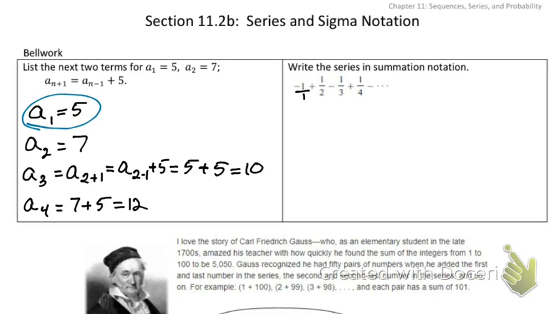Now, if we look at our denominator, it goes 1, 2, 3, 4, 5, 6, 7, 8, 9, 10. So this is, in fact, going to be an arithmetic sequence. When dealing with a sequence that goes from negative to positive to negative to positive, we're alternating negative and positive.